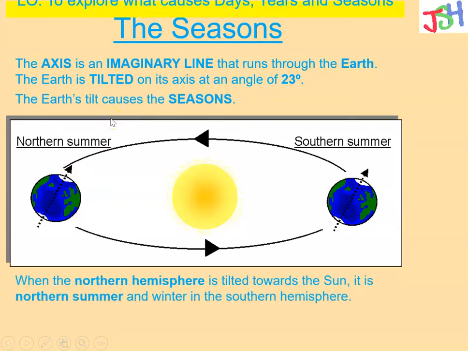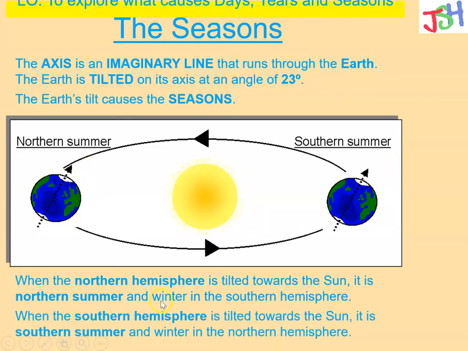Now, when the northern hemisphere is tilted towards the sun, it is northern summer and winter in the southern hemisphere. Also, when the southern hemisphere is tilted towards the sun, it is southern summer, and the north is in winter.